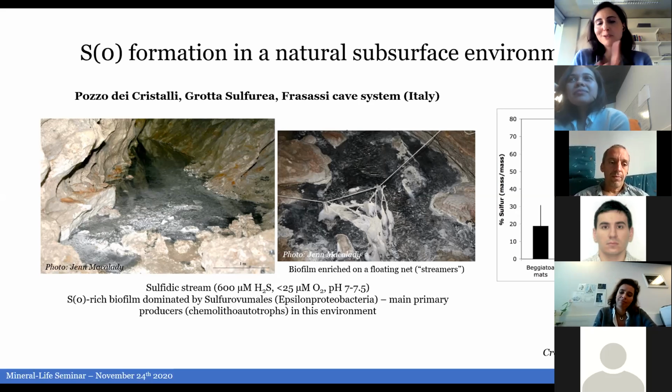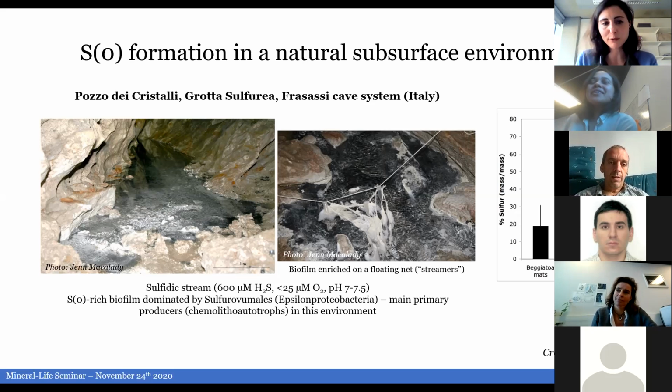I'm just commenting that when we talk about intracellular sulfur, you're right, it's actually not accurate. The sulfur is in an intracellular invagination of the periplasm that forms this intracellular globule.